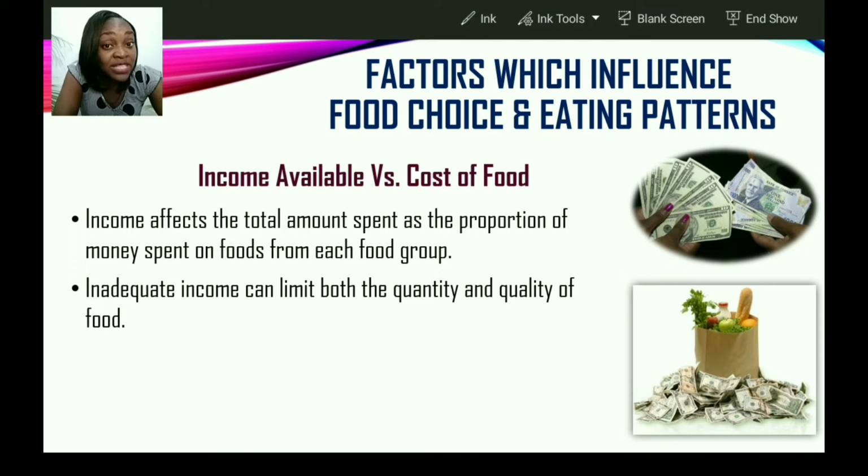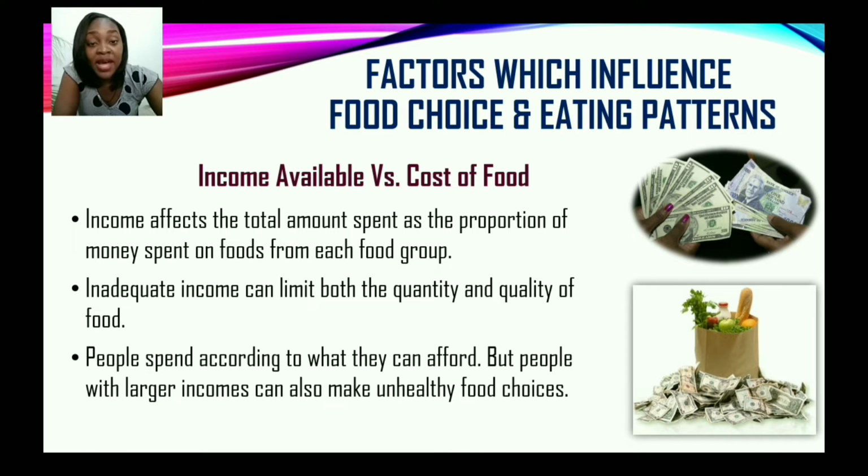Tend to be more expensive than other foods that may be found in staples or legumes, right? Now, in comparing the proteins, you may find out that plant protein is much cheaper or less expensive than the food from animals. So, based on these factors, persons may purchase with those in mind, right?